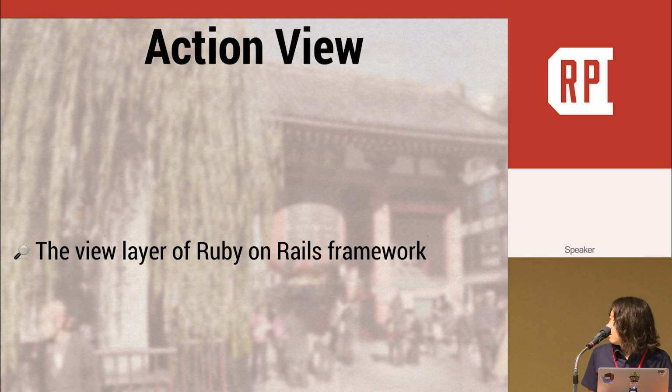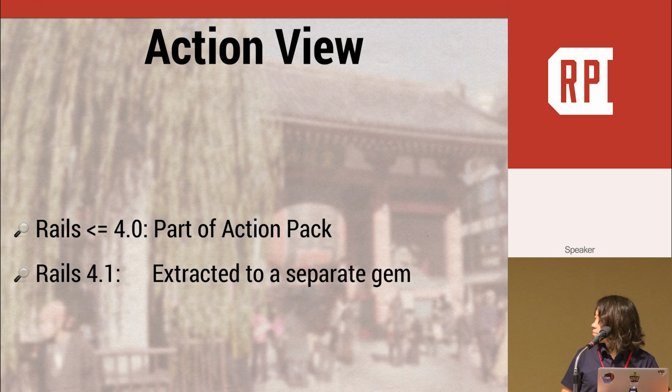ActionView is the view layer of the Ruby on Rails framework, which used to be a part of the ActionPack library until Rails 4.0, I think, and then was extracted into a separate gem since Rails 4.1. You see, this happened very recently.